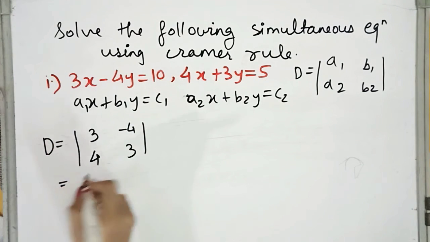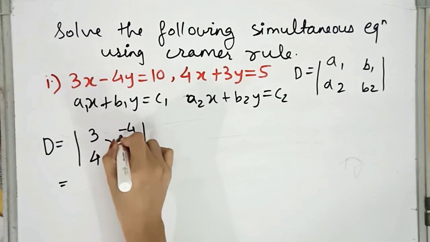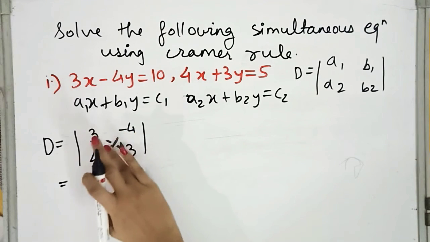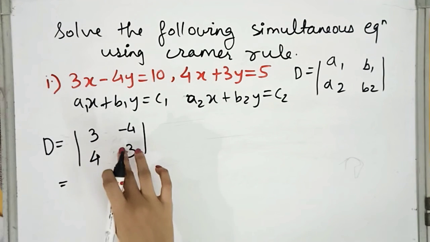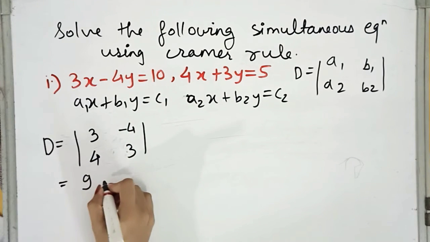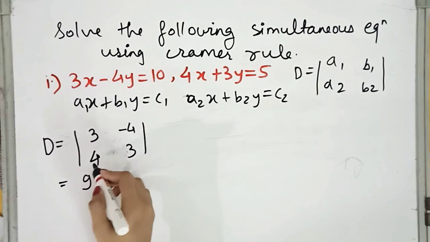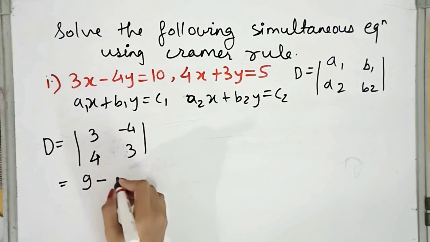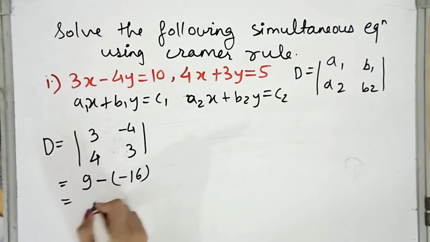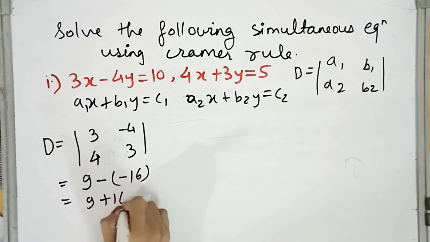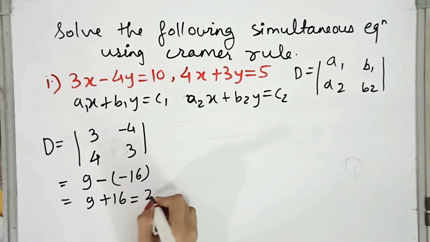Now how to solve it? We will cross multiply. So 3 into 3 is 9, minus 4 4s is 16, but there is a minus sign, so that will be minus minus 16, which is plus 16. So 9 plus 16 will be 25.